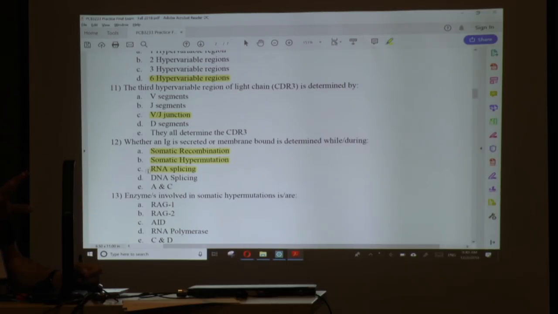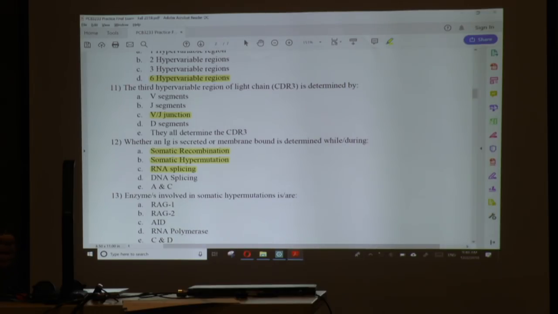But the important thing is that you decide whether you will put something on your membrane or secrete it during RNA splicing. Okay? So the B cell, as it's making more antibodies, is going to be able to decide, not during the DNA editing part, but during the RNA editing, whether, all right, am I going to secrete this, or am I going to put it on my surface?